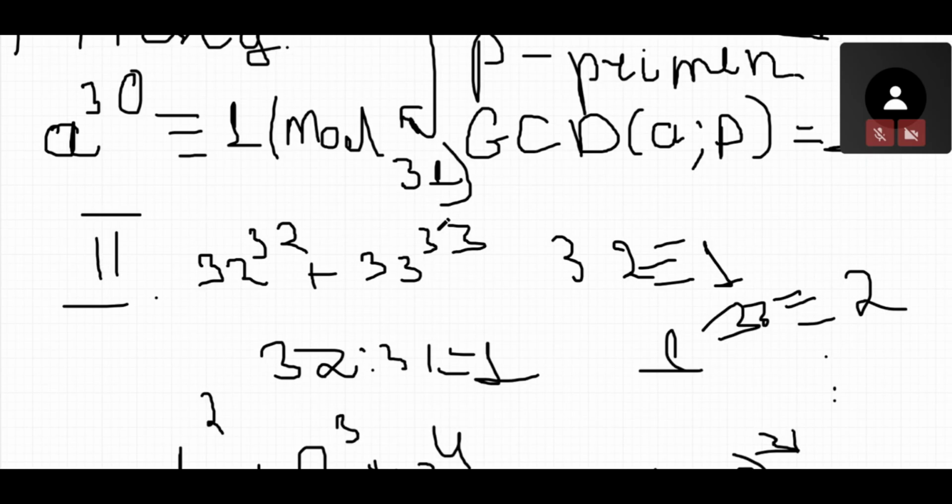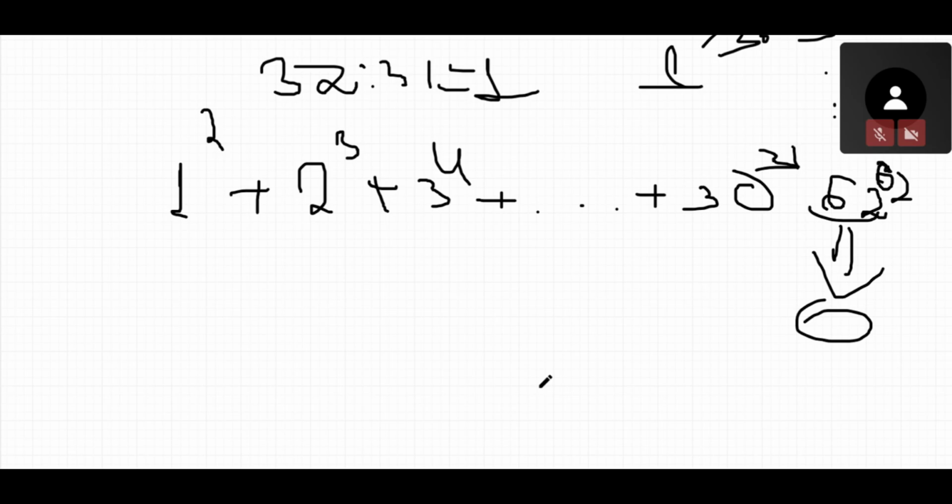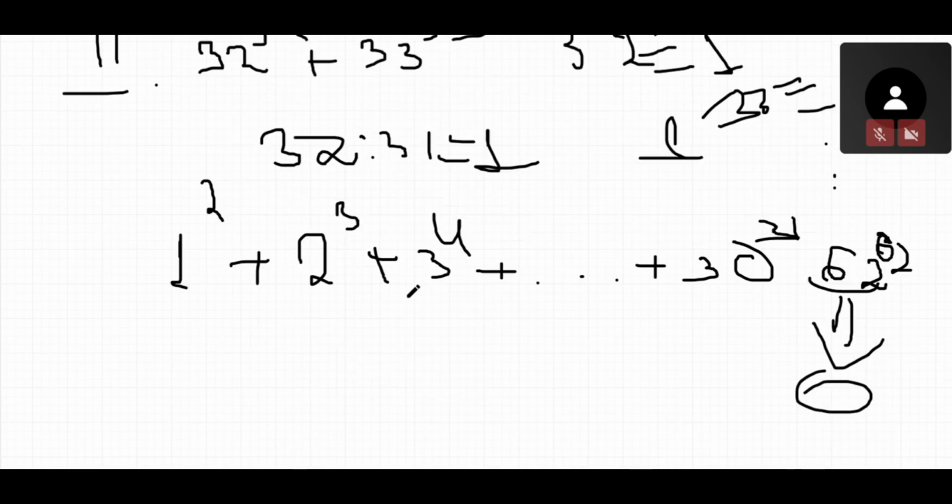It will be our other group until 62 power of 62. It's divisible by 31, so 62 will give us 0, absolutely 0. Okay, let's continue. That's our second group.